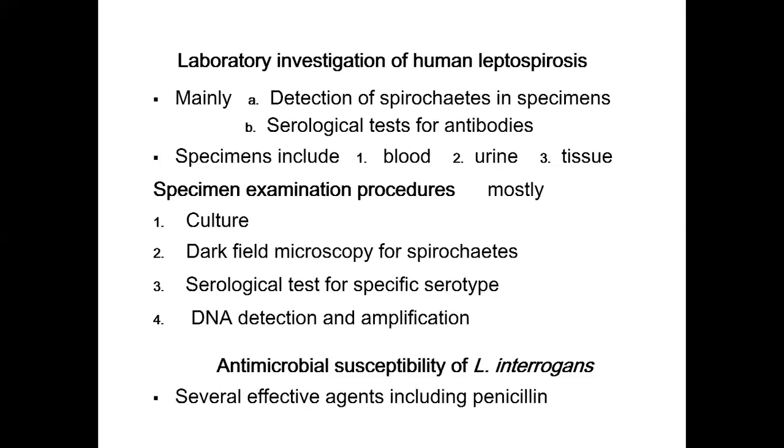The methods, again, one can do dark field microscopy for the spirochetes. This can be in urine or it can be in blood, and culture can also be done. We mentioned the media, that there are some formulated media that can support the growth of Leptospira interrogans, and one can purchase that if needed and incubate appropriately and for long enough and examine the cultures.